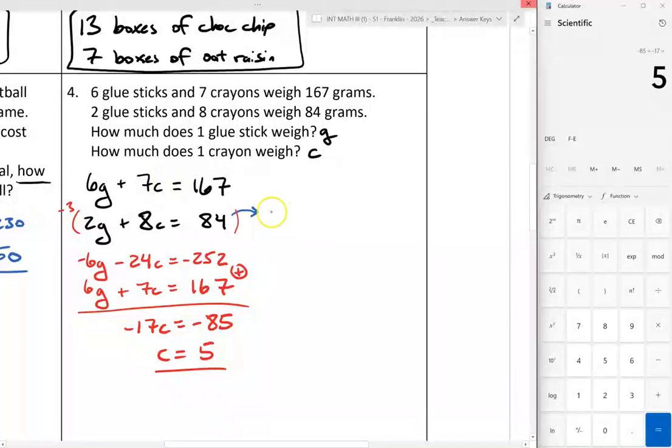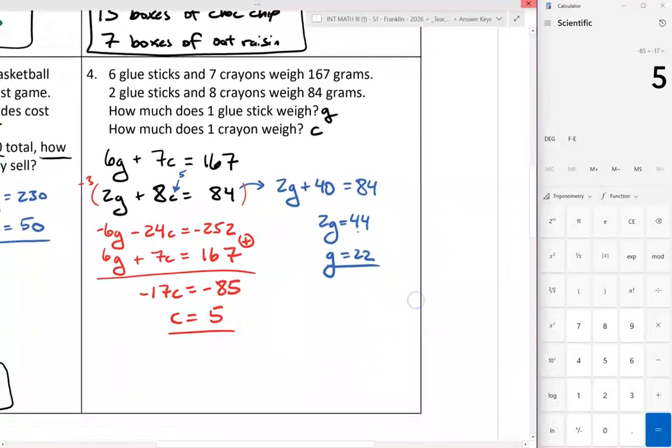So it's just easier to work with a 0 than a 5. But honestly doesn't matter. Okay, so 5 times 8 is 40. Put 5 in for C right here. And that equals 84. Subtract 40, we get 44. And divide by 2, G equals 22.